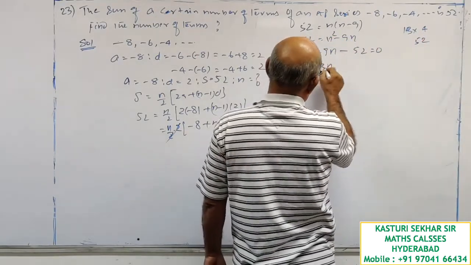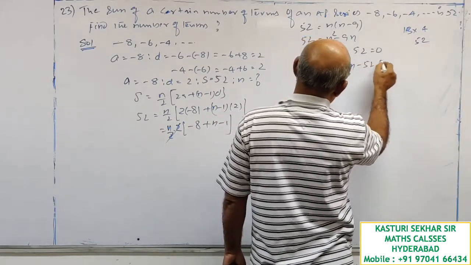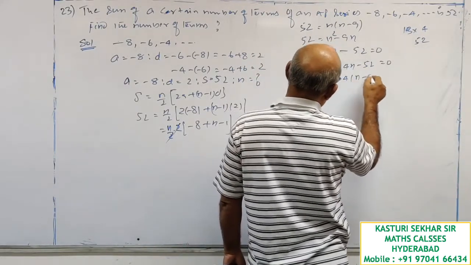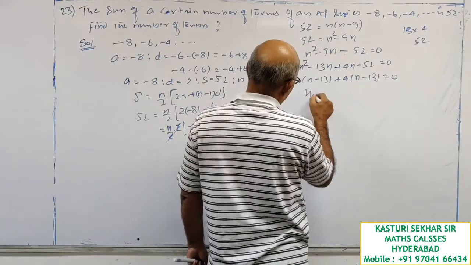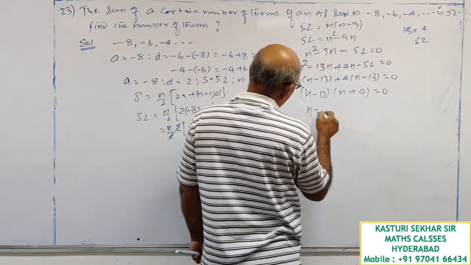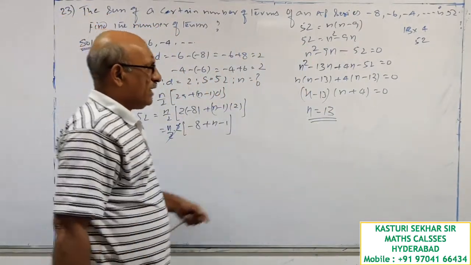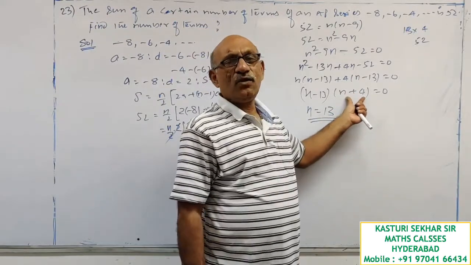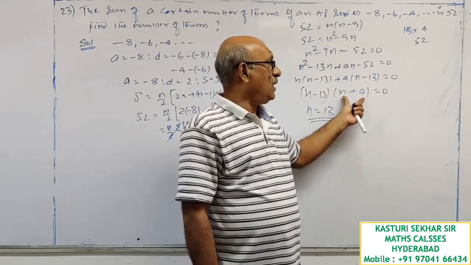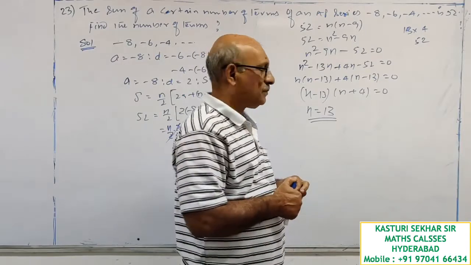So this is n square minus 13n plus 4n minus 52 equal to 0. n into n minus 13 plus 4 into n minus 13 is 0. n minus 13 into n plus 4 equal to 0. n is equal to 13. n plus 4 is not equal to 0 because number of terms cannot be negative. Therefore, only one value is acceptable, that is n is equal to 13.